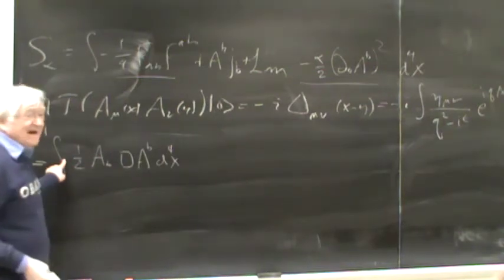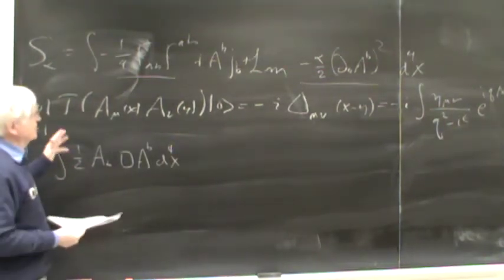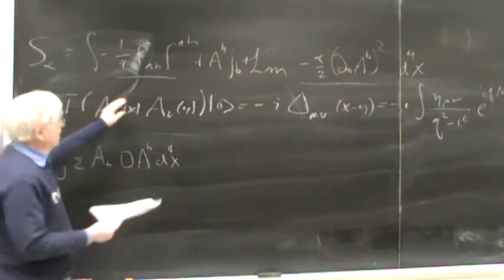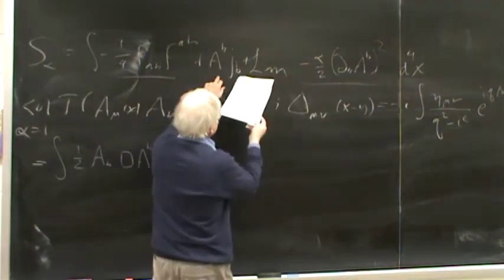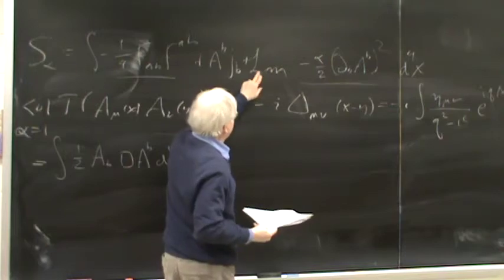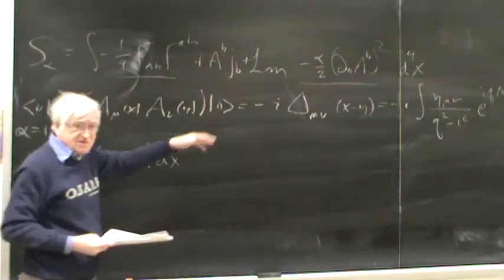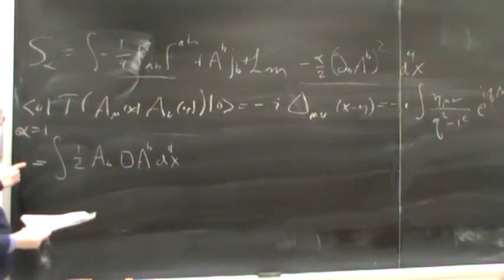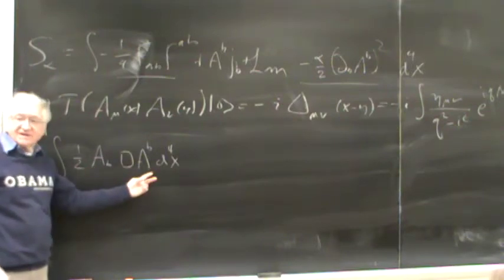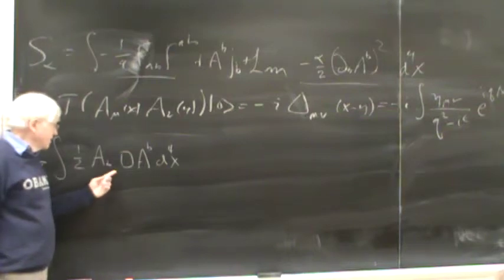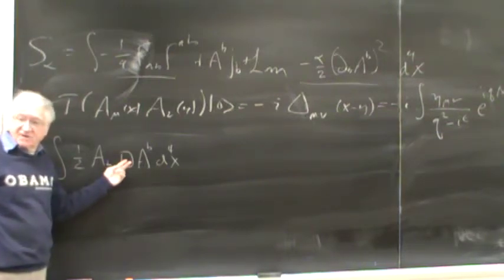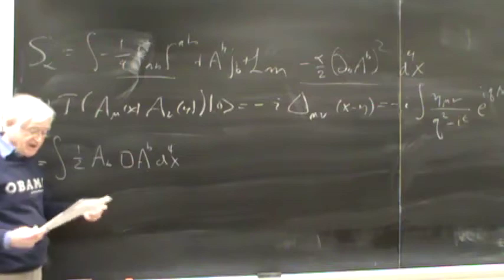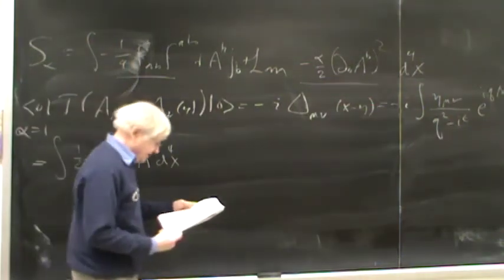Well, if this is our action, and after all, we're doing perturbation theory, so we ignore the matter field. We set Lm equal to 0 and Jb equal to 0. In that case, what do we have? We have 4 unrelated scalar fields called AB, except that the metric is funny, because some of them have a plus sign, some of them have a minus sign.